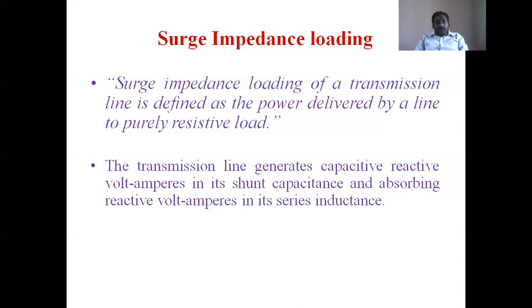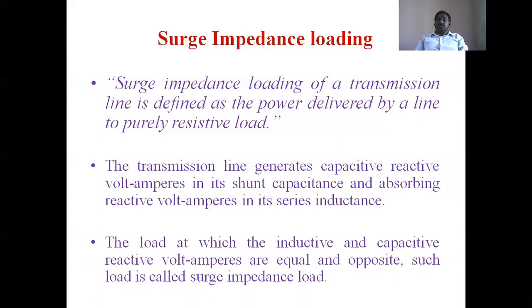Then, when the power generated by the capacitor and the power absorbed by the inductor are equal, the load on the transmission line is called surge impedance loading. When the load at which the inductive and capacitive reactive volt amperes are equal and opposite, such a load is called surge impedance loading.